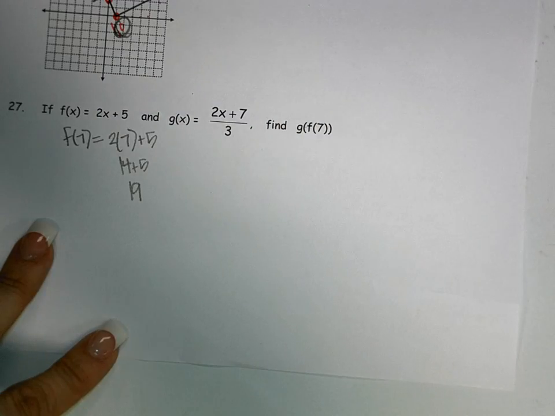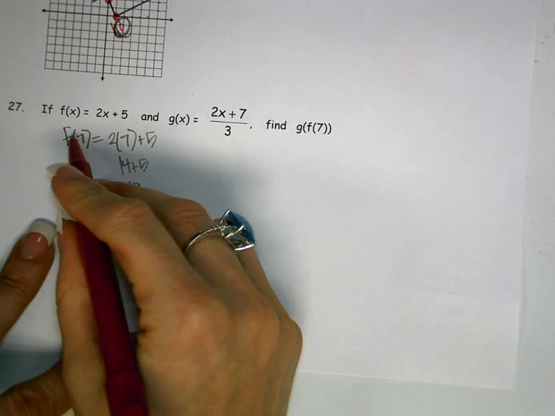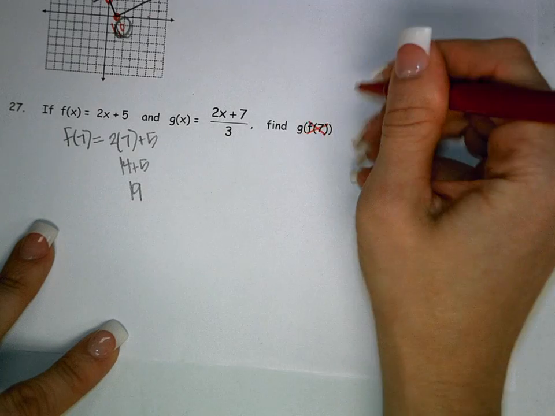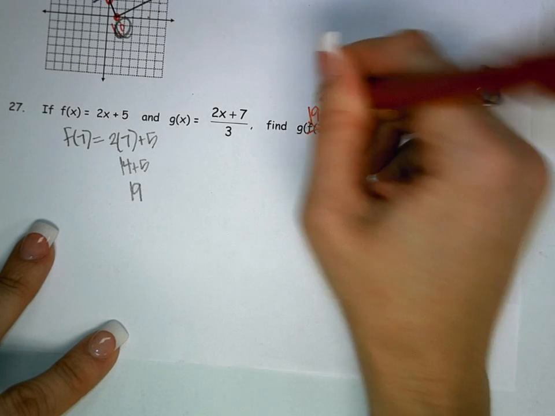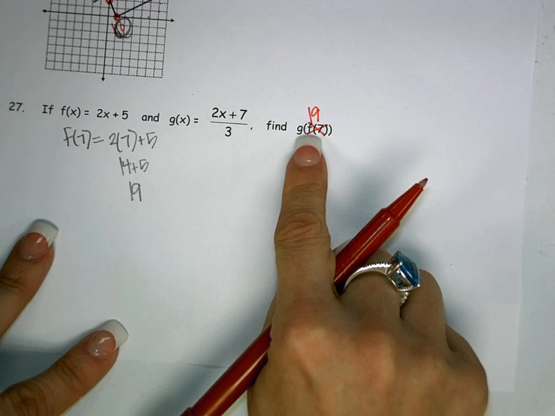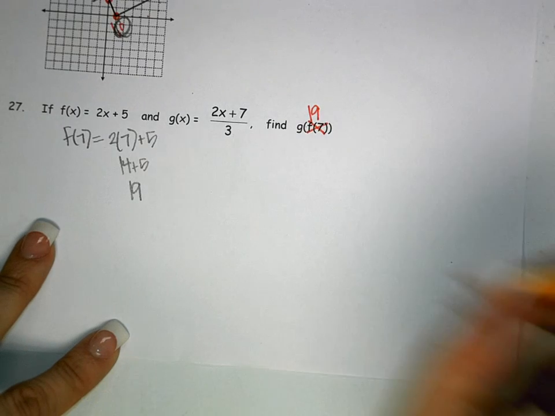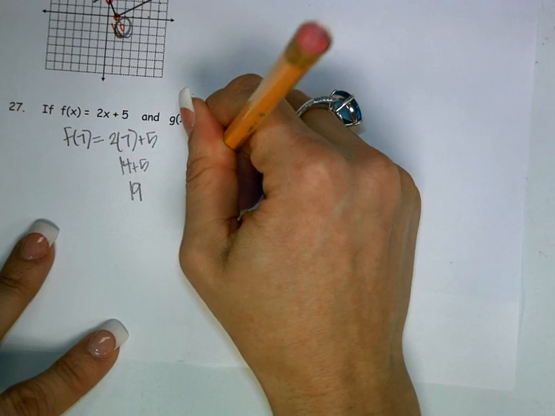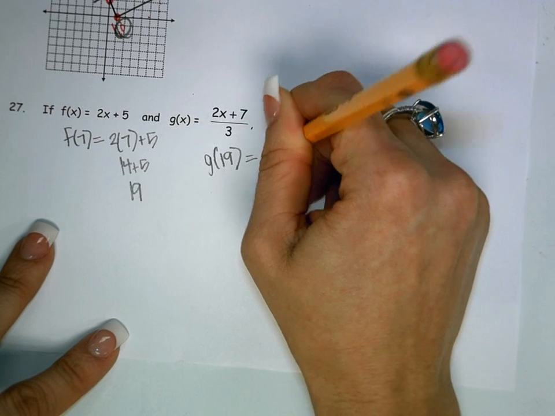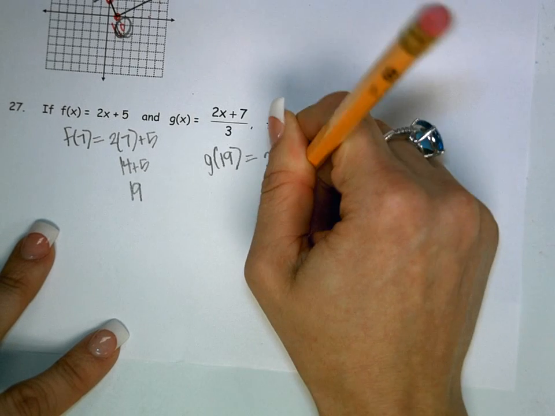Now, hopefully we can agree that instead of writing f of 7, I could substitute that with 19. Now I'm going to plug 19 into the g equation. So g of 19 equals 2 times 19 plus 7 over 3.